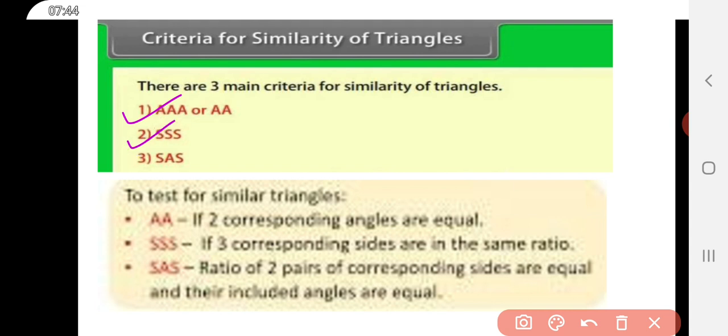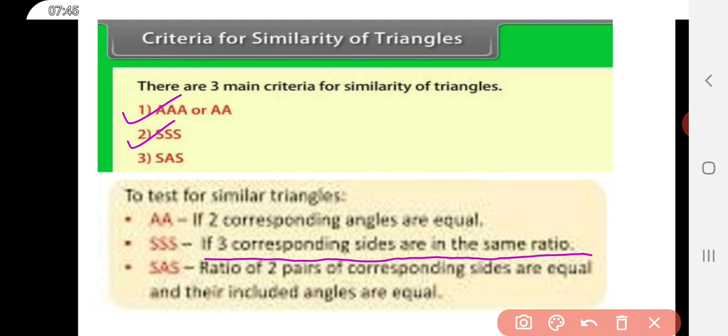Second, SSS, side side side similarity criterion. So SSS means their corresponding sides are proportional, if three corresponding sides are in the same ratio.